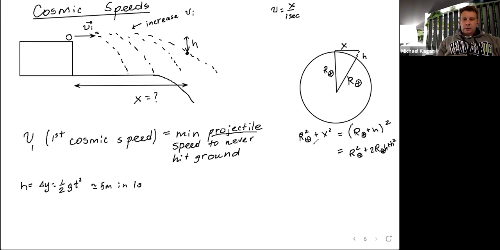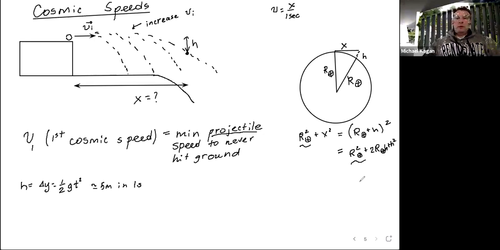You probably noticed that the leading terms, the R squared, cancel. But if you look at the remaining two terms, h is a few meters. Here you have h squared, and here you have h times the radius of the Earth, which is a few million meters. So this last term is really negligible compared to the other one.